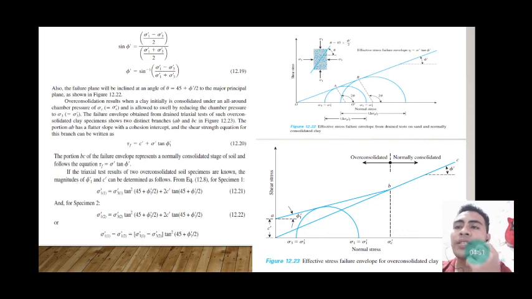If the triaxial test results of two overconsolidated soil specimens are known, the magnitudes of phi prime 1 and c prime can be determined as follows, the angle of internal friction and the cohesion of soil. For specimen 1, we have this formula 12.21, and for specimen 2, we have the formula at the bottom.